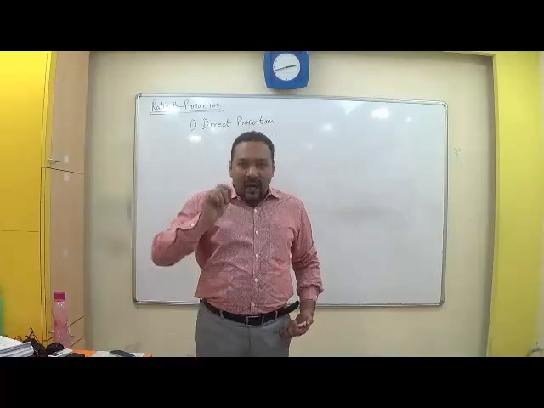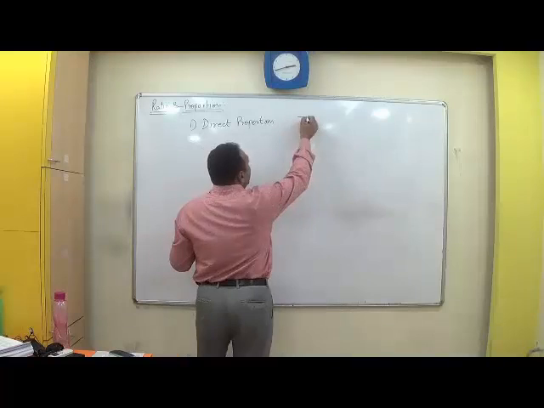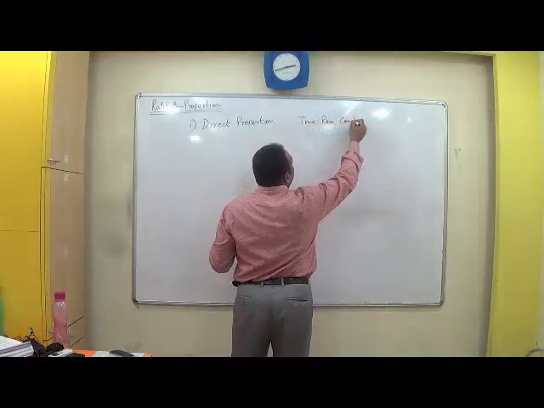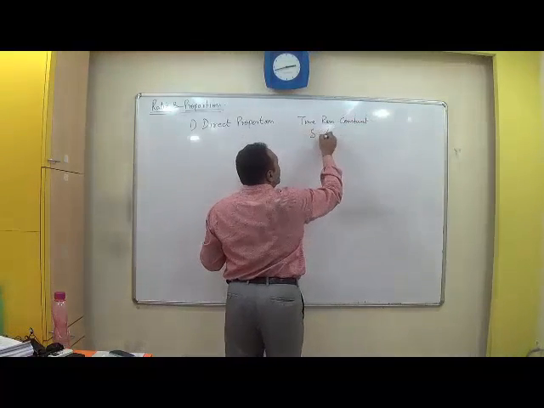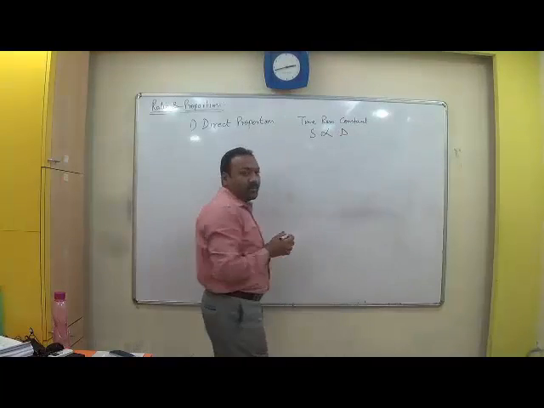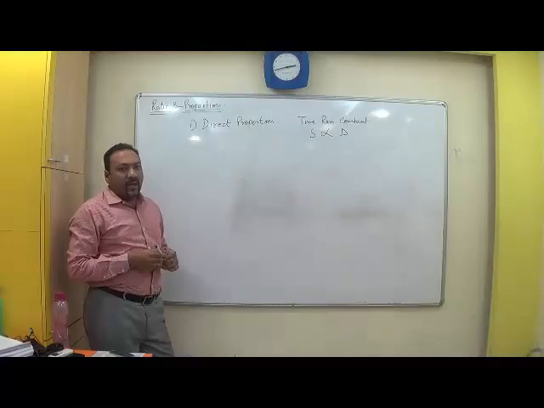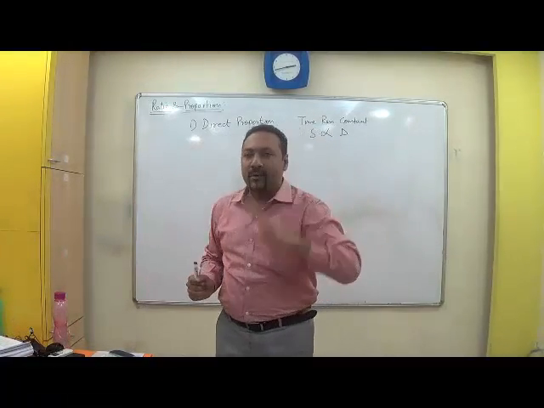A more relevant example would be, time remaining constant, speed is directly proportional to distance. Do you understand this? If I have to travel for 1 hour, fixed, my time is constant.